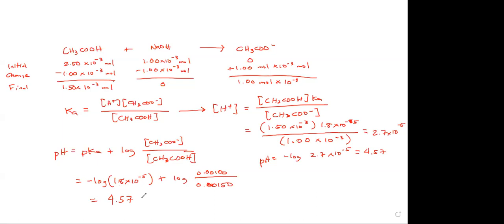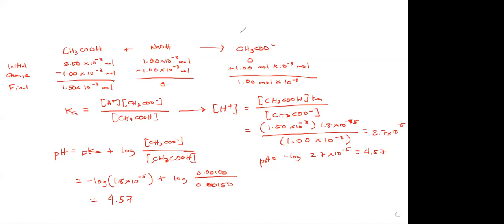So what does it mean? If you have a weak acid reacting with strong base, the pH before they reach the equivalence point, what you're going to do is just treat it as a buffer to get the pH, or you can do the long one if you want.